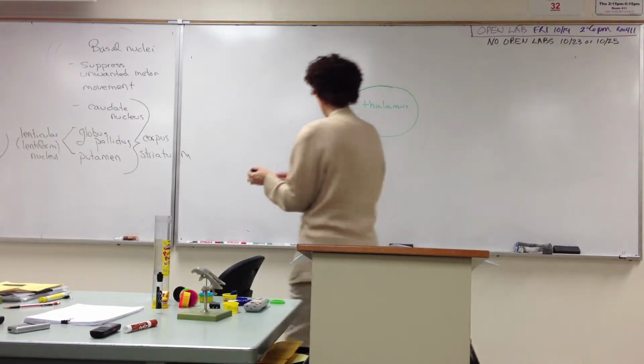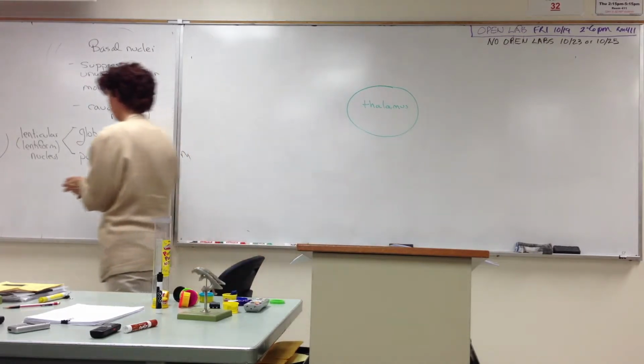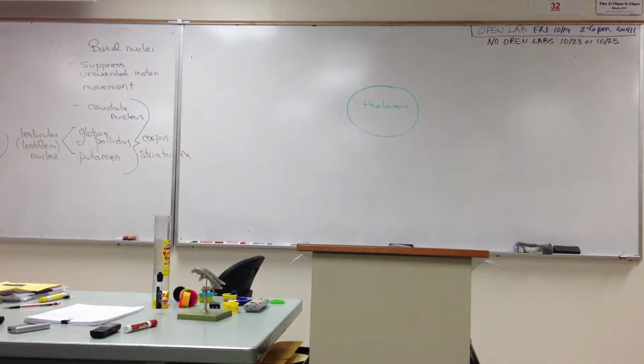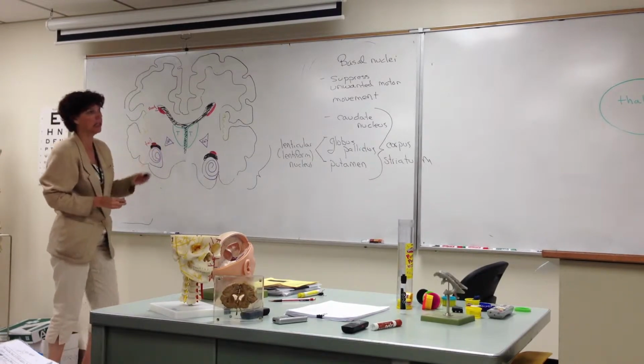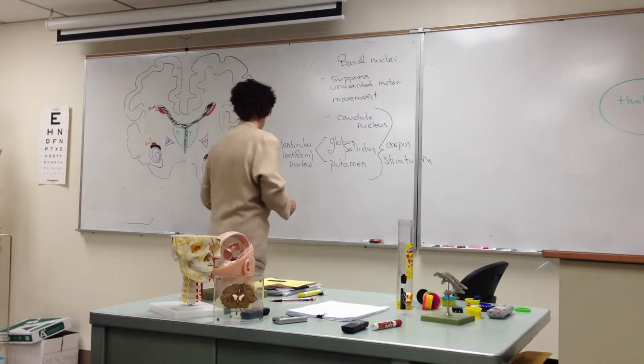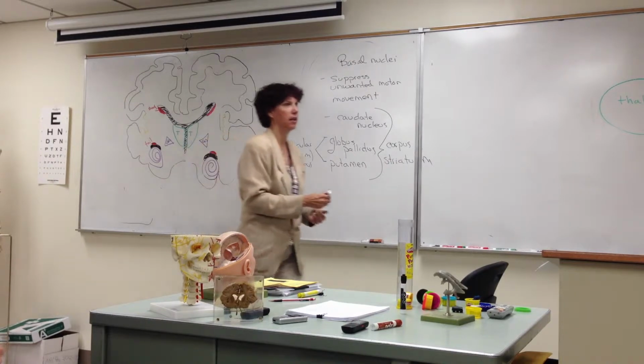So if I were to draw it on here, globus pallidus has this kind of triangular appearance, with the base being out here and the pointed region going towards the thalamus. Okay? But most of it starts anterior to the thalamus.